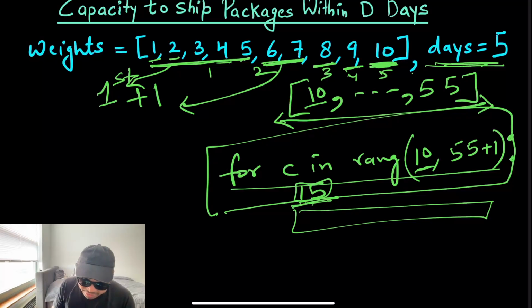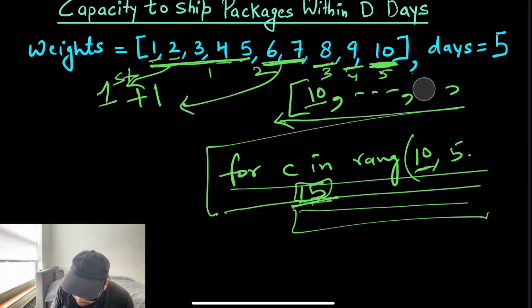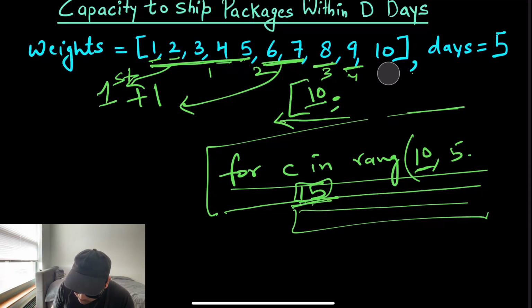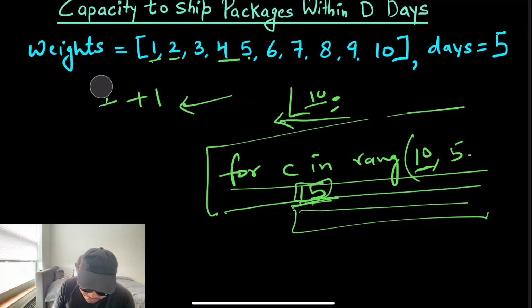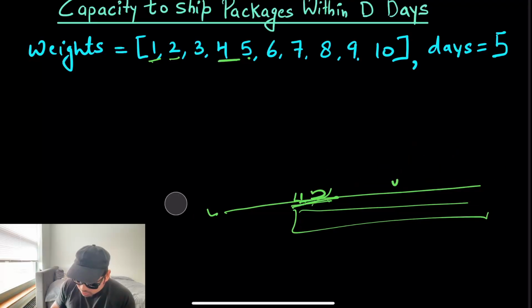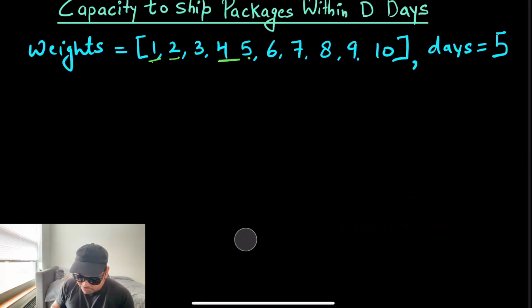Now, why is this problem in the binary search category? This is why: because we know the range, and we need to choose this minimum capacity by searching in binary search fashion. So it's just like finding a capacity but using binary search.